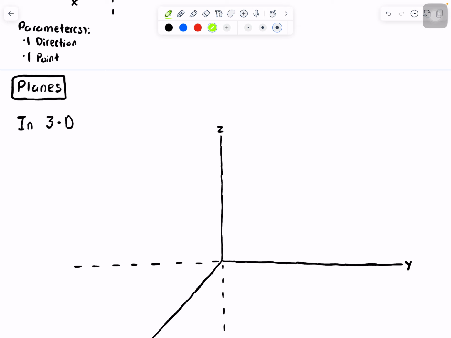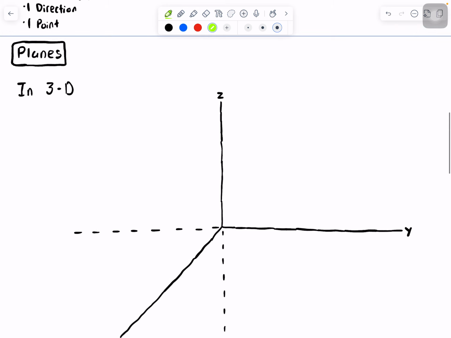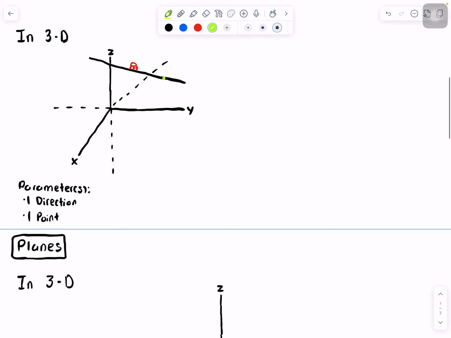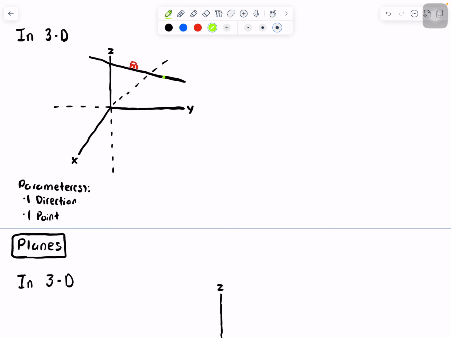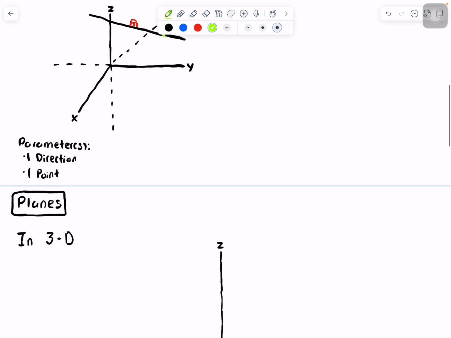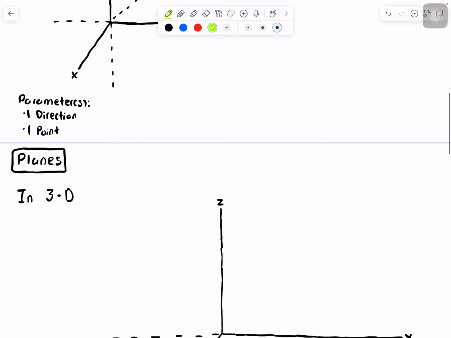Meaning our lives are made a bit easier as we live to talk in 3 dimensions. Okay, so from previously, we know that a single quote-unquote direction will not be enough to define a plane in 3 dimensions, because that can help us pin down almost a line. Almost. You still need a point.